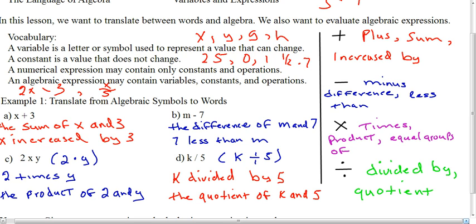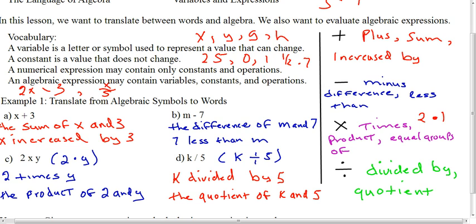Something I want to show you on multiplication is that you can use a times sign, but as you get further into algebra, most of the time you're going to have that raised dot. We can have 2 raised dot 1. That means 2 times 1. But anyway, when we see words like times, product, or equal groups of, we're talking about, or the author is talking about, multiplication.